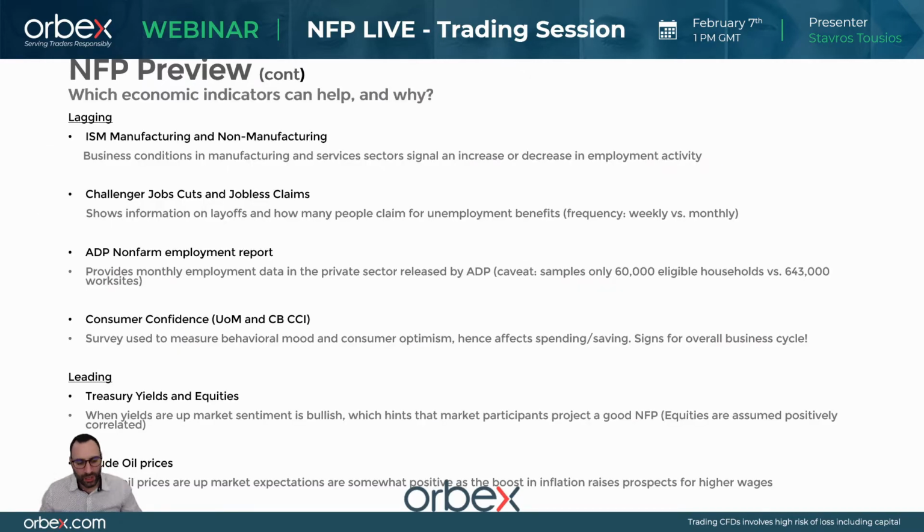As always, I've been mentioning that there are certain economic indicators that we need to look at before the NFP, if we want, of course, to have any clues about how the US economy is performing and how that performance is going to affect particularly the release, the print numbers for the NFP. There are lagging indicators and leading indicators.